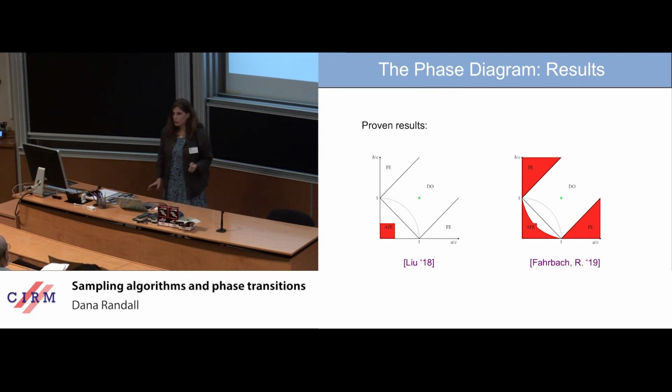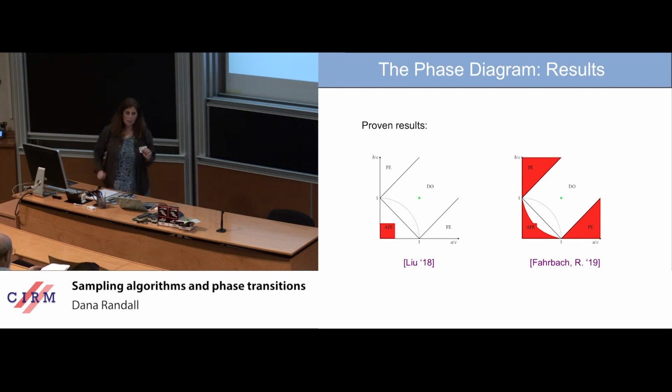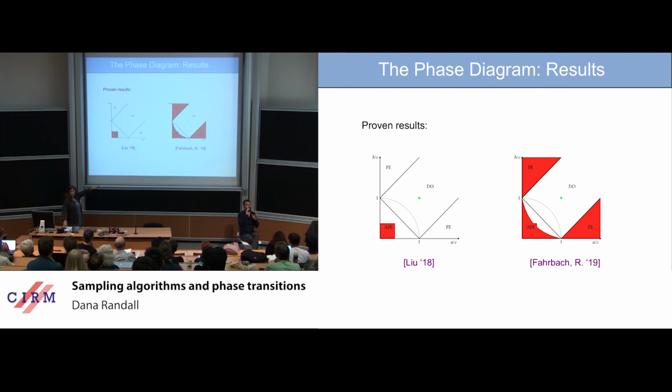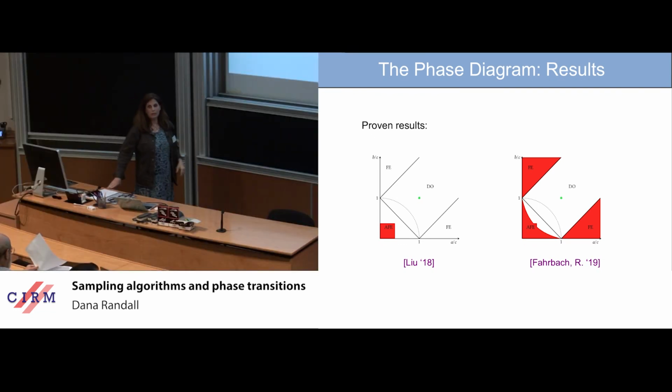With my student, Matthew Farbach, this got accepted to RANDOM two days ago, so this really is a fresh result. We showed that for the entire ferroelectric region, all the way up to where you have this phase transition, this whole region can be slow, and we got a good part of the antiferroelectric region. I have just a few minutes left, but I'm going to give you two totally different arguments in the antiferroelectric and the ferroelectric regions.